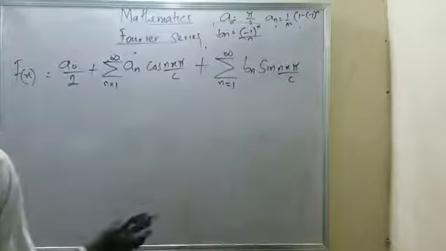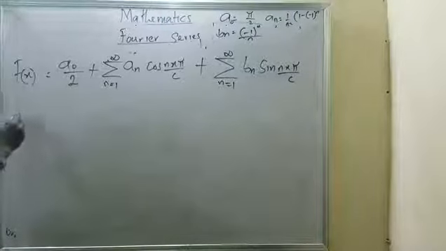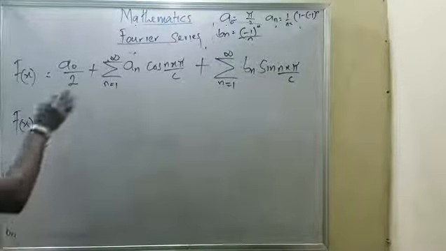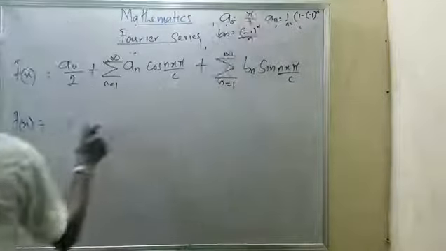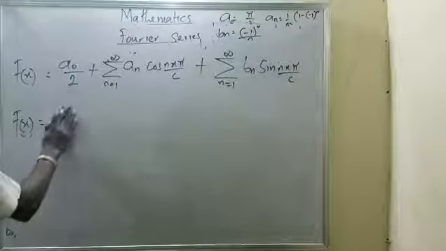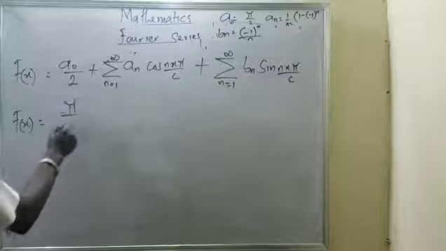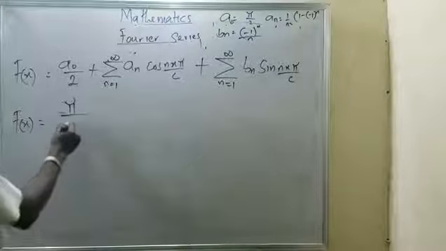Now, since I have it this way, what is my a of n? My a of naught is pi all over 2 multiplied by 2, which is going to be 4.